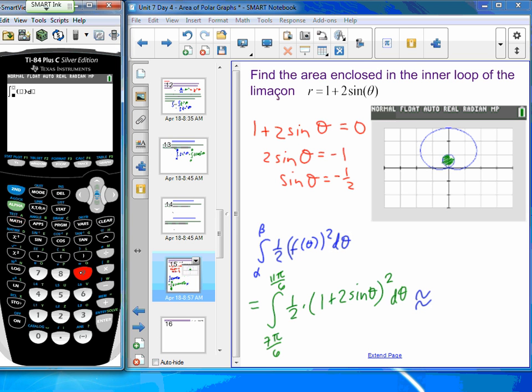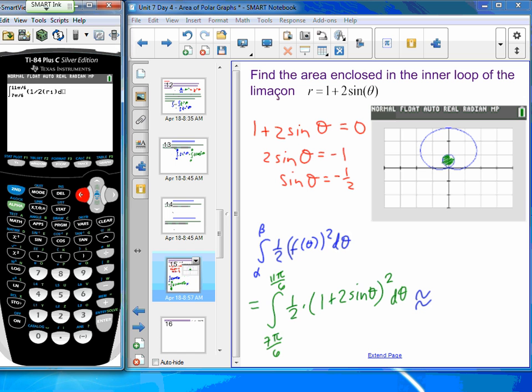So we'll go from 7 pi over 6 to 11 pi over 6, the integral of 1/2 left paren, and r was, oh, check it out. I can do vars, y vars, polar r1. Oh, look at that. There's my f of theta, squared. I guess I don't need that paren anymore.